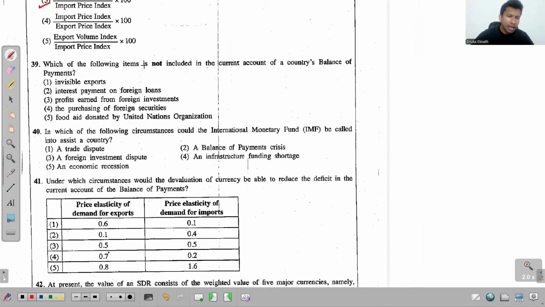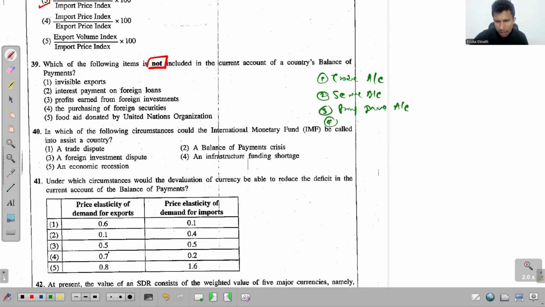Right. Question 39. Which of the following items is not included in the current account of a country's balance of payments? Okay. So we know that in the current account in the BOP, balance of payments, there are 4 sub-accounts. The first one is the trade account. The second one is the services account. The third one is the primary income account.